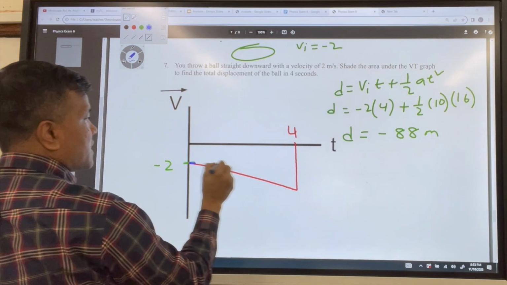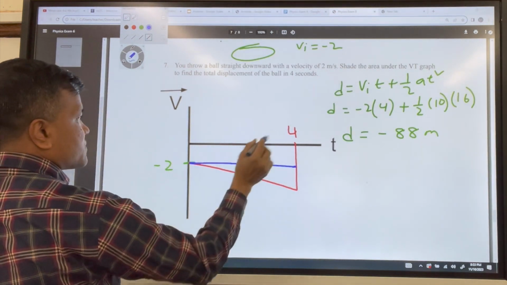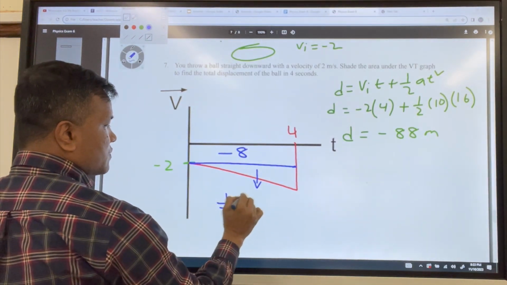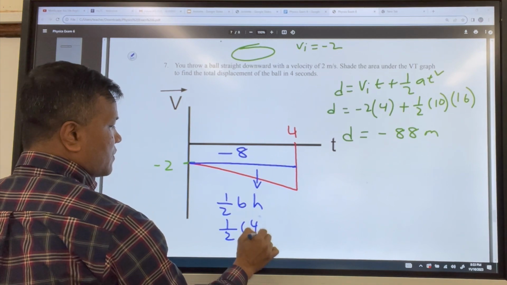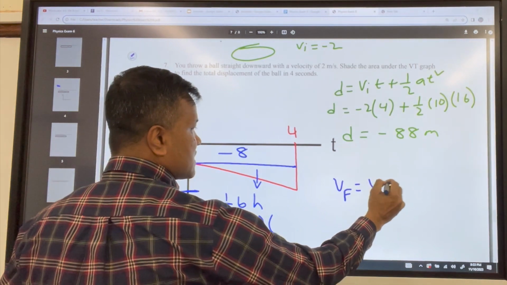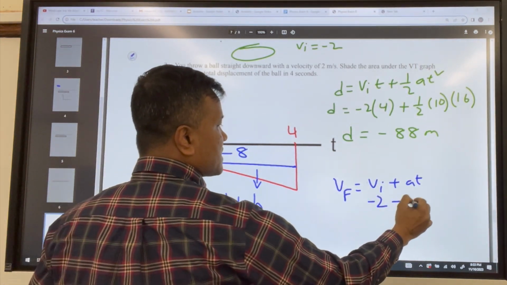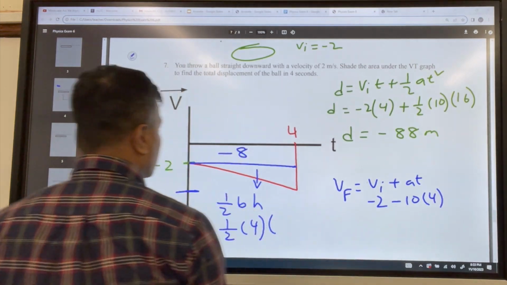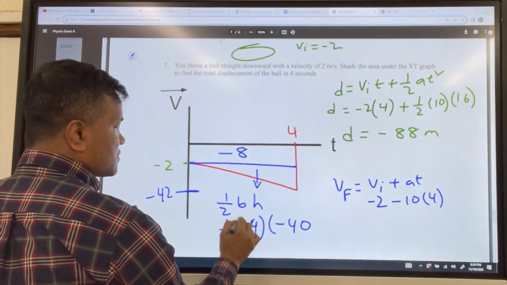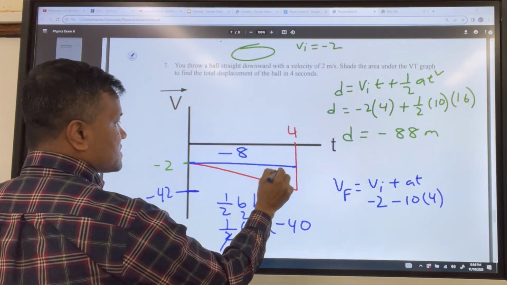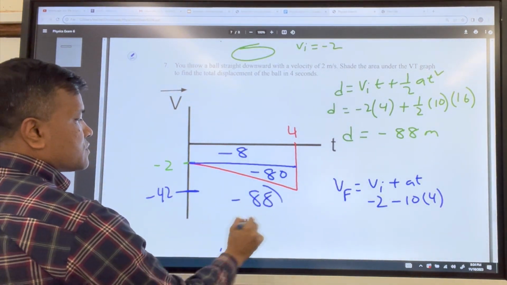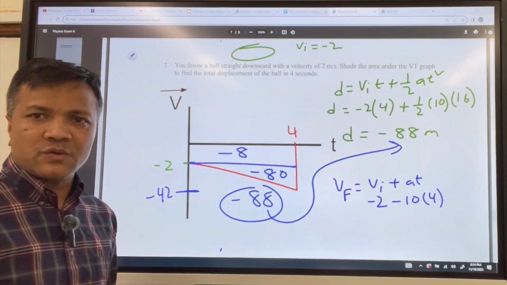So you have the rectangle BH, which is negative 2 times 4, which is negative 8, and you have half BH, where B is 4 and H is found from final velocity equals initial velocity plus at: negative 2 minus 10 times 4, which is negative 42. So that is negative 40, this is 2, this is 80. This one is negative 80. Then negative 8 and negative 80 is negative 88. So these are the same. No matter how you do it, you get the same answer.